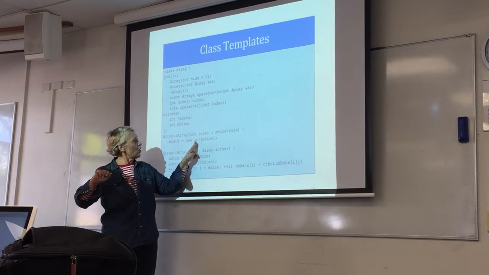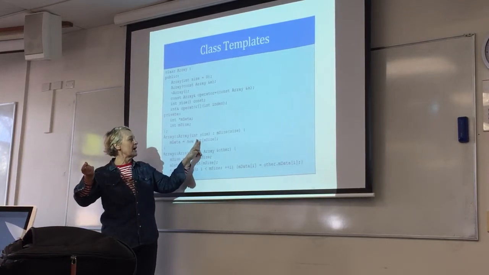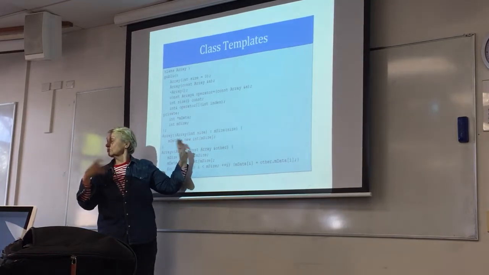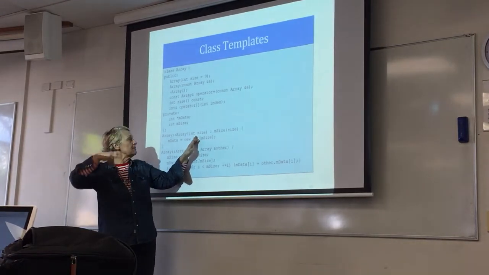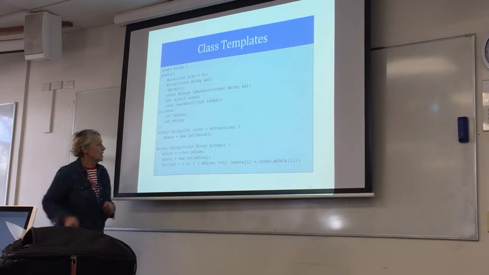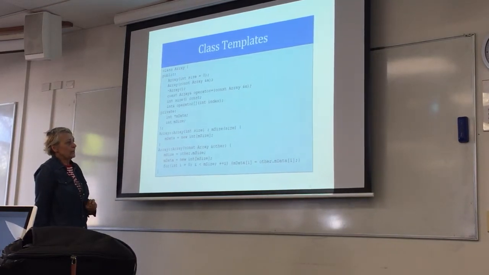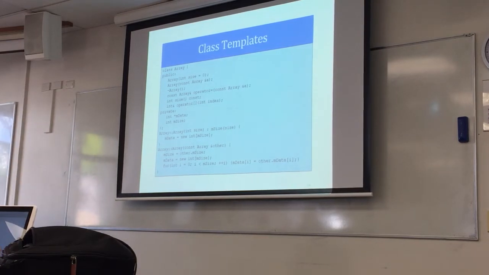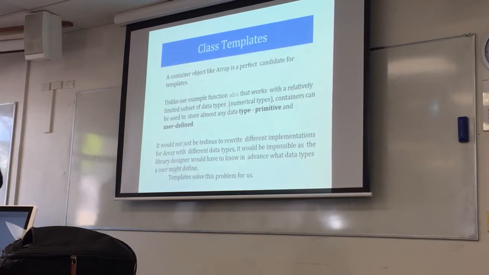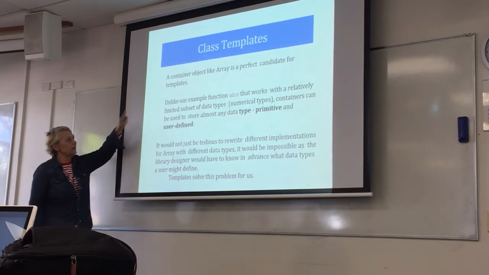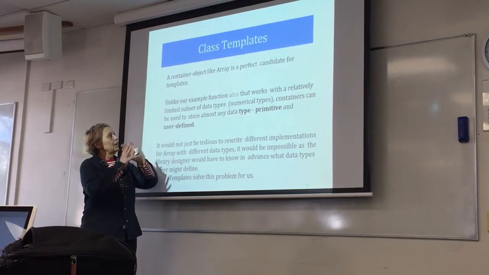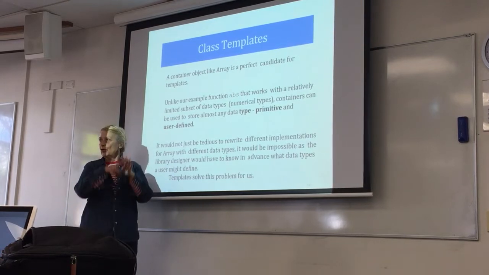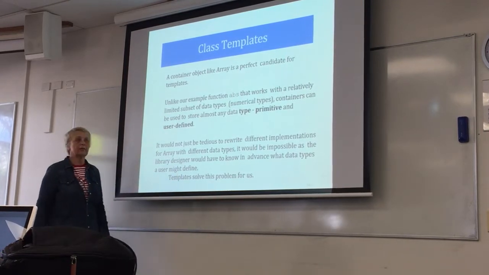Here, instead of elements of int in my array, I can put very simply elements of T, generic type, or E, elements of E type if I want. So this is the meaning of array being a perfect candidate for templates, because the type of elements in the array does not influence the methods of the type.